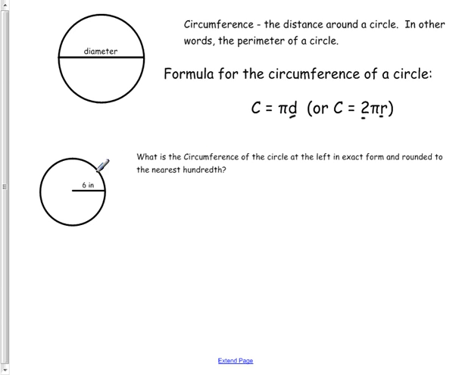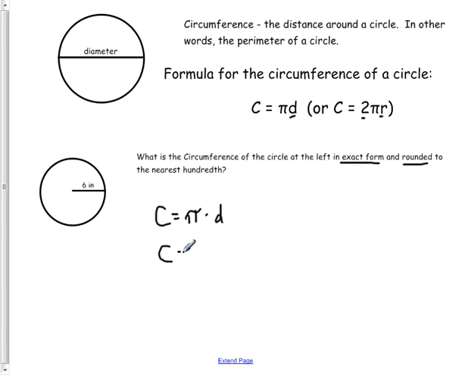Okay, so here I've got an example. It says, what's the circumference of the circle at the left in exact form and rounded to the nearest hundredth? So let's talk about what those mean. But first, let's calculate the circumference. So the circumference, we said, is pi times diameter. I typically write down the formula and then I'll fill in what I know.